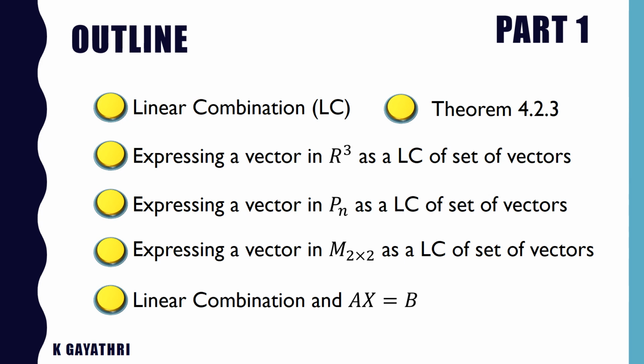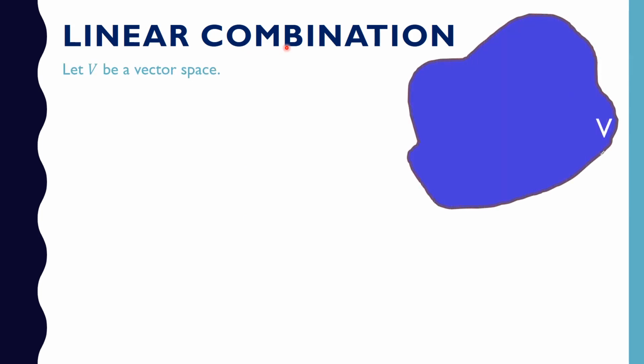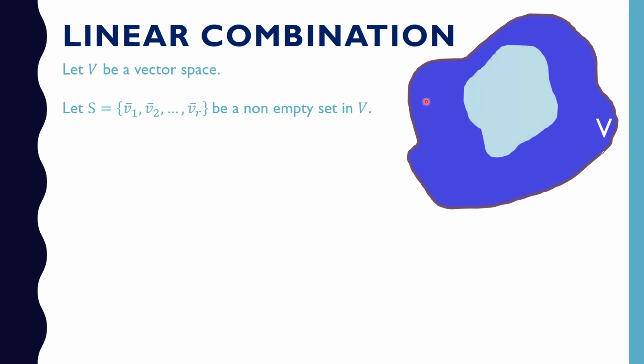First, we will discuss the definition of linear combination of vectors. Let V be a vector space. Let S be a non-empty set in V. It contains the vectors V1, V2, V3, ..., Vr.